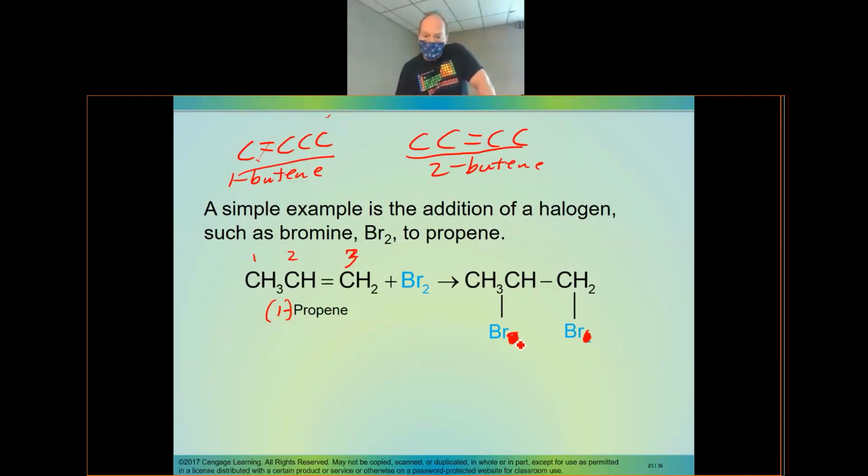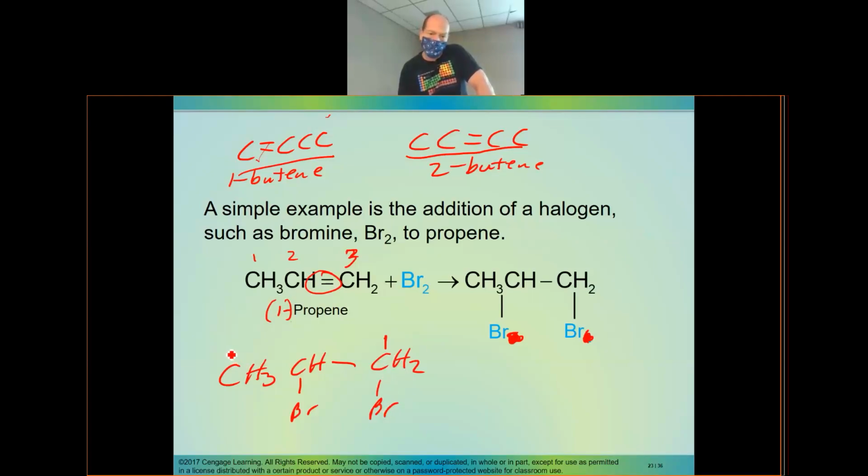All right, so they messed up this slide a little bit, because all you're going to do is this double bond is now going to be a bond to a Br on this side and the other side. So you're going to have a CH3, and now it's going to be a single bond, and then we bond it to a Br and a Br. And to name this, we want the lowest numbers possible. So I'm going to start with the bromine on number 1.